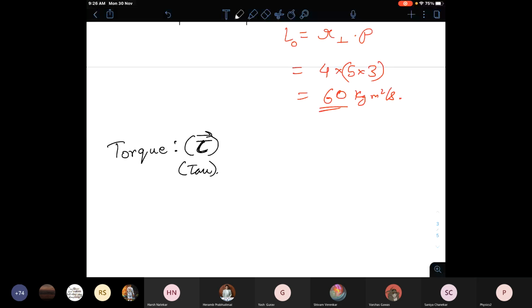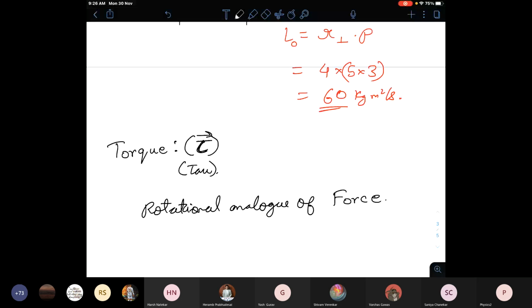What is torque? Torque is the rotational analog of force. Just now I told you the rotational analog of linear momentum, so in the same manner the rotational analog of force also has to be there.